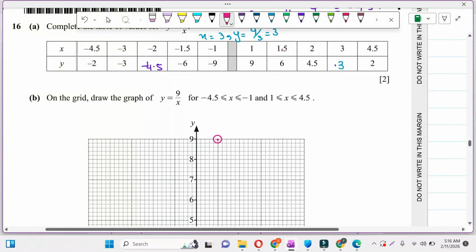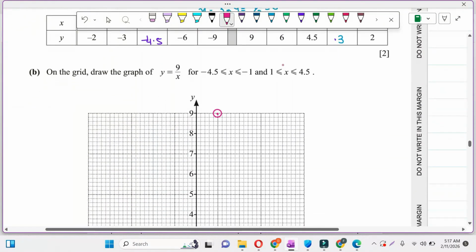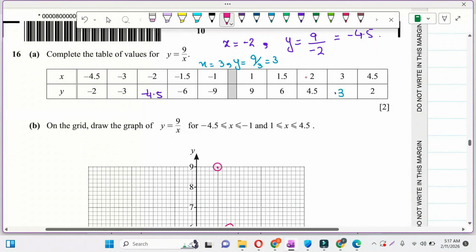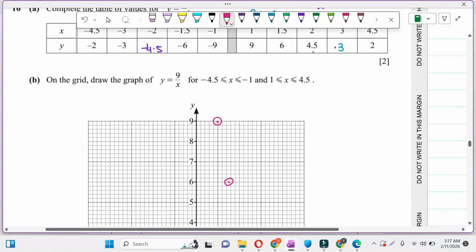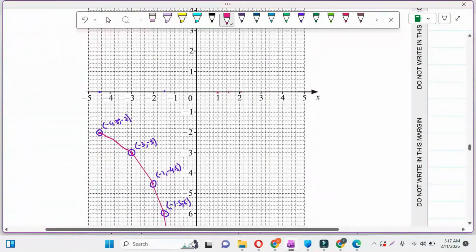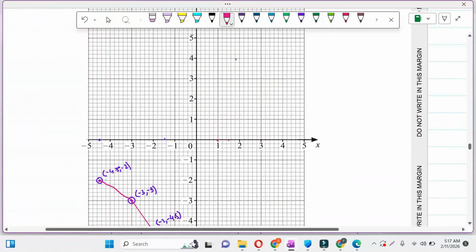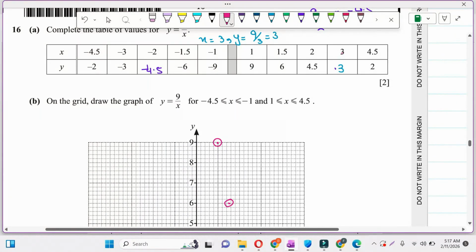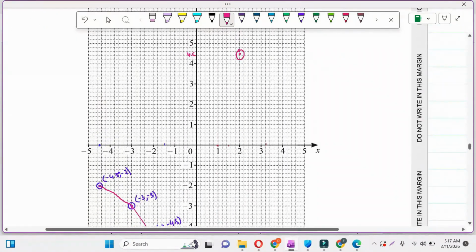When we have the x coordinate 1.5, we have the y coordinate 6. So 1.5 here and this one is 6. When we have x coordinate 2, we have the y coordinate 4.5. When we have the x coordinate 3, the y coordinate is also 3.